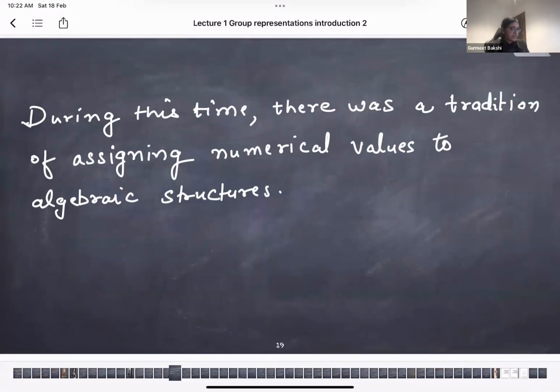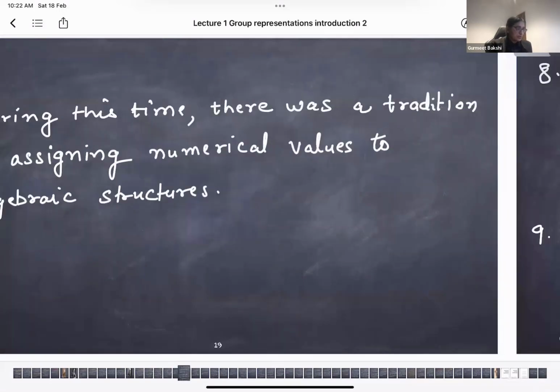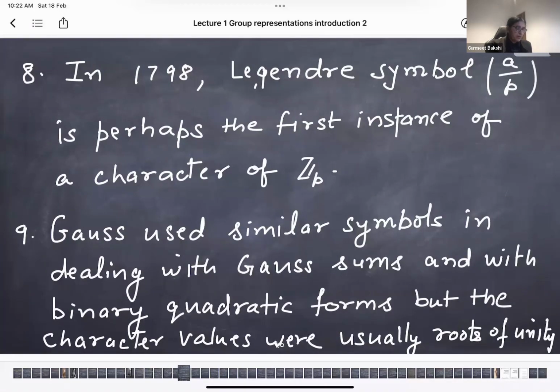In number theory, various things were happening: if you have an algebraic structure, you assign a numerical value to the structure so that a lot of invariants of that algebraic structure are contained in that numerical value. For example, look at the Legendre symbol in 1798.